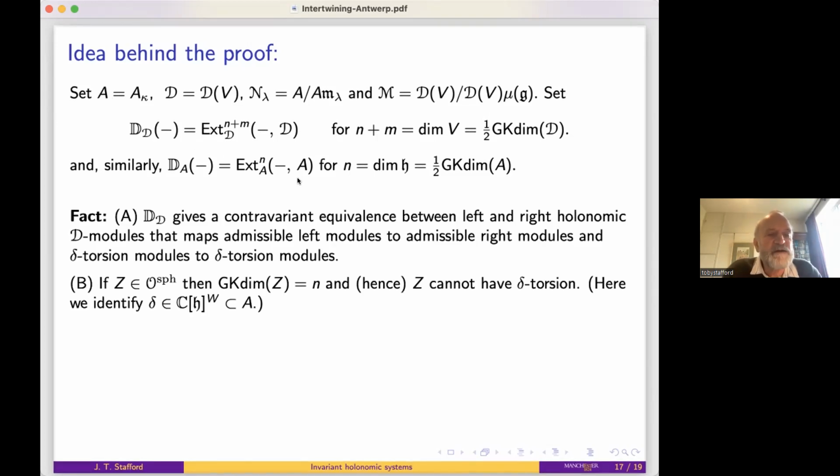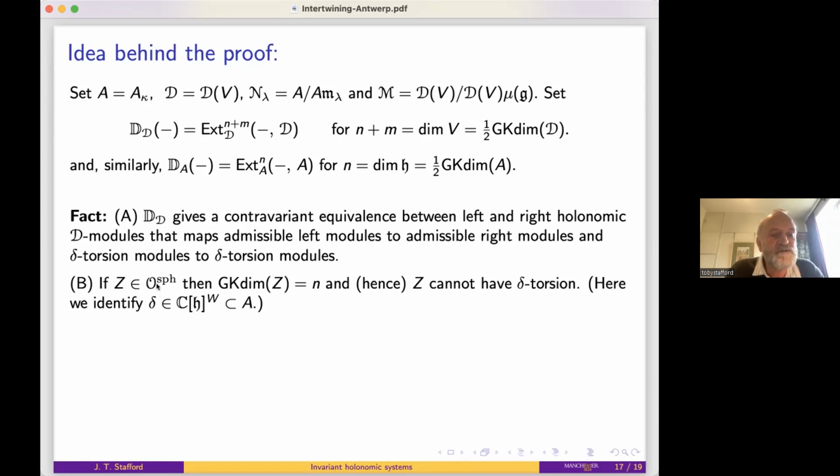The basic fact about this D of V is that this duality D gives us duality between left and right holonomic modules, and it acts nicely on admissible and torsion modules. It maps admissible modules to admissible modules, and torsion modules to torsion modules. The same is true for the duality D_A. The other fact I want to mention is that down in O spherical, this torsion business is easier to understand.